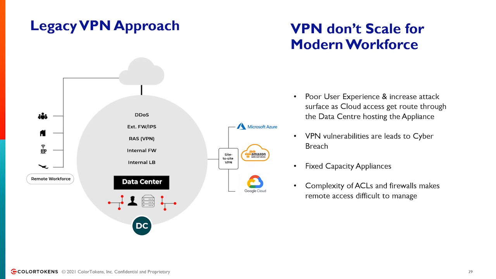And also DDoS and internal firewalls, internal load balancers. With these additional components, the legacy VPN approach is very cumbersome to implement in an organization, because almost all users tend to have remote access in the current situation.